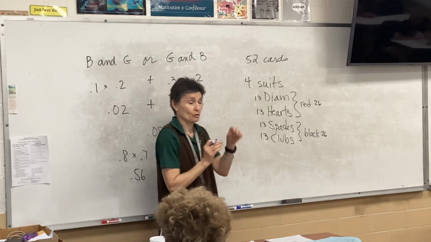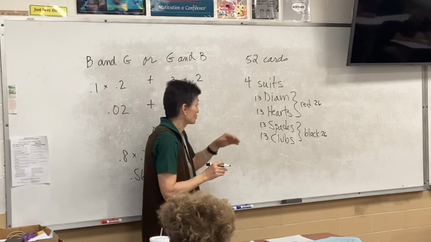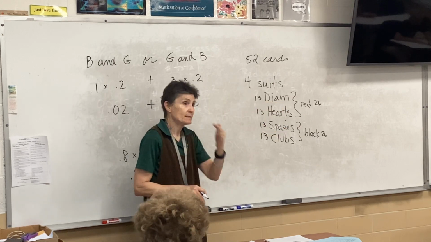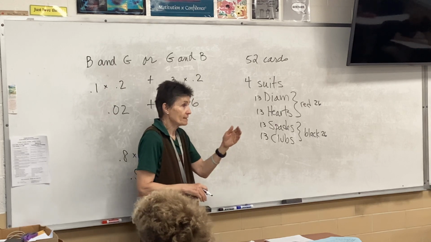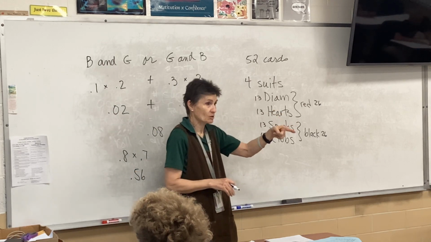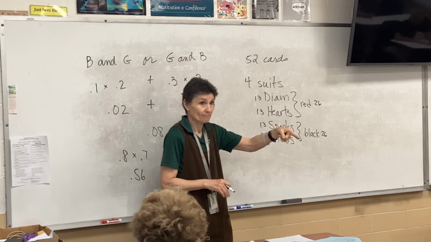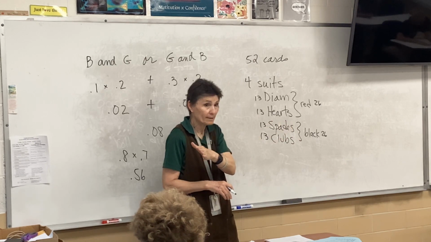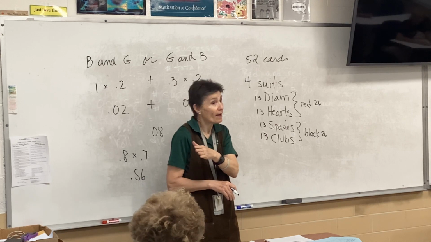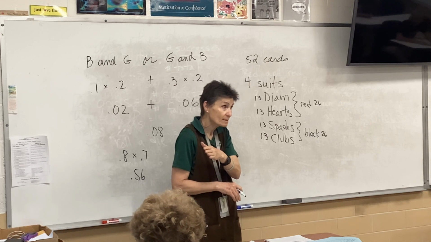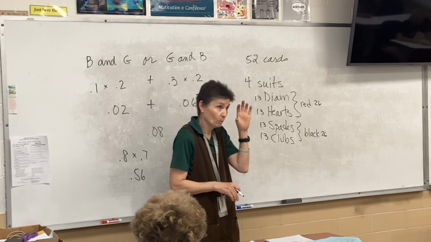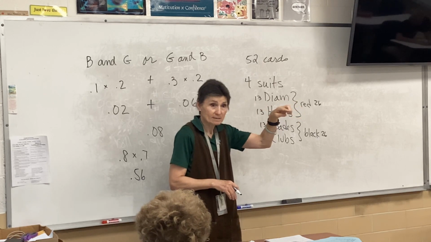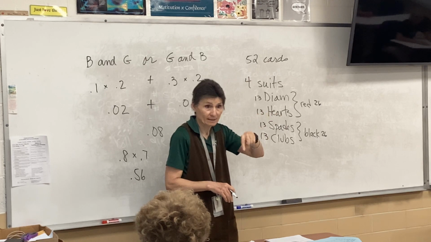Now the pictures on the card, so let's consider just the 13 diamonds. You have a card that has just one diamond on it, that's called the ace of diamonds. And then you have a 2 and a 3 all the way up to 10, right? And then you have what are called face cards. They have people with faces on them, and they are jacks and queens and kings.